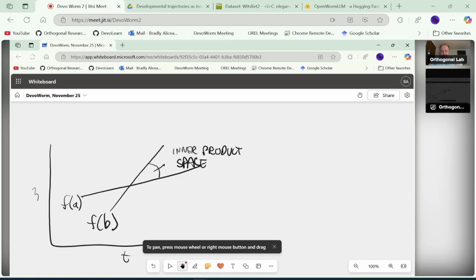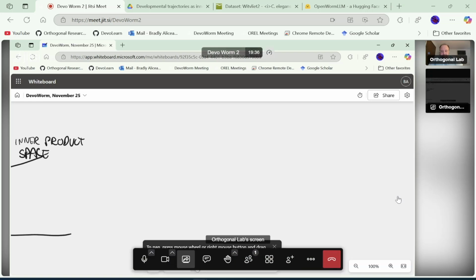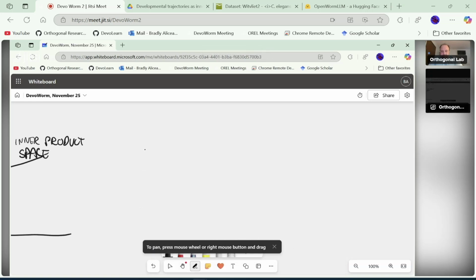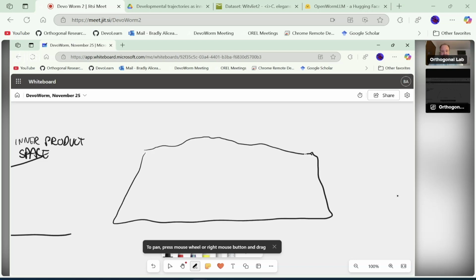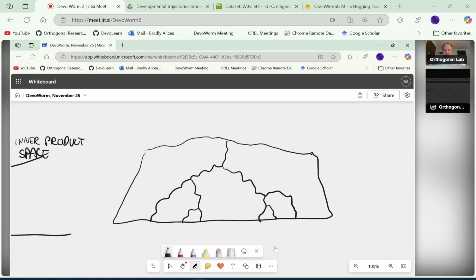Well, the idea is that in development you have these trajectories. If you think about the epigenetic landscape of Waddington, you have this landscape that comes down like this, and you have what he calls canalization, or developmental channels. Basically, these are developmental trajectories that get reinforced by the environment, by genes interacting, genes being expressed, the body plan of the organism and so forth.